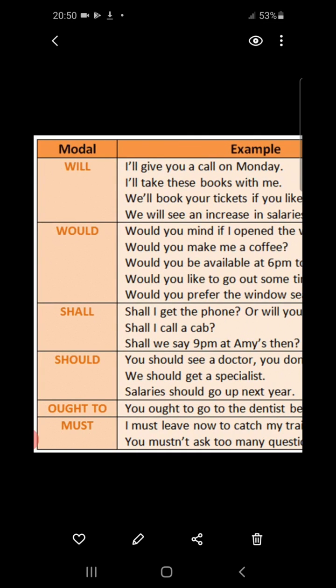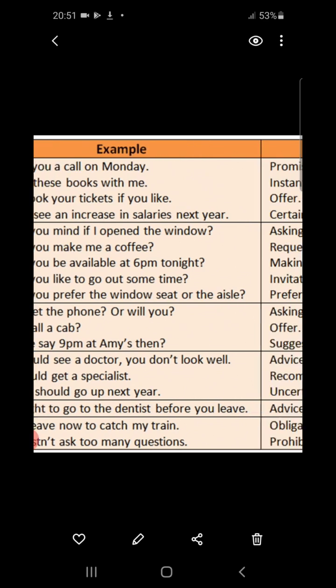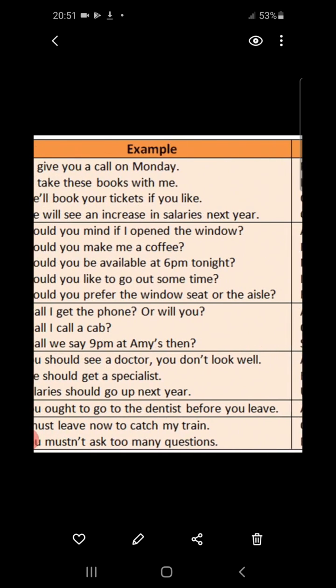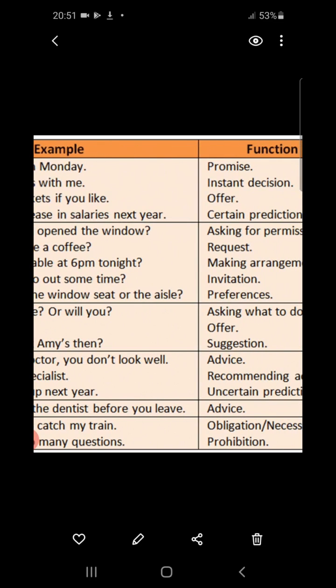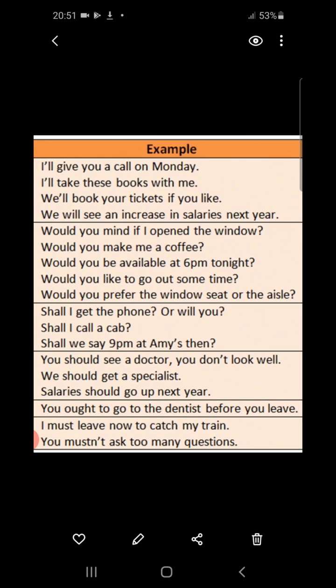Next modal. Shall. Shall I get the phone? Or will you? Asking what to do. Next one. Shall I call a cab? So, shall I call a taxi? It's an offer. Next one. Shall we say 9 p.m. at Emmy's then?